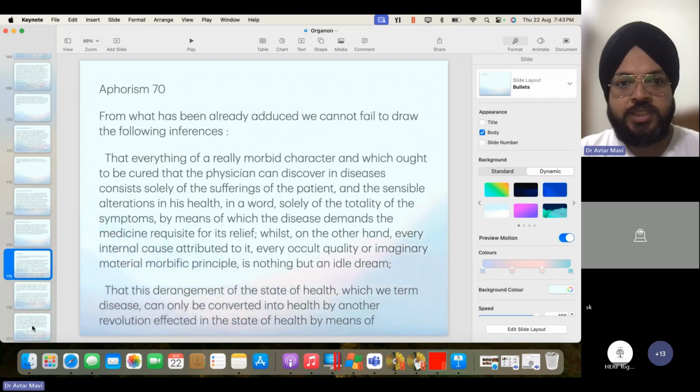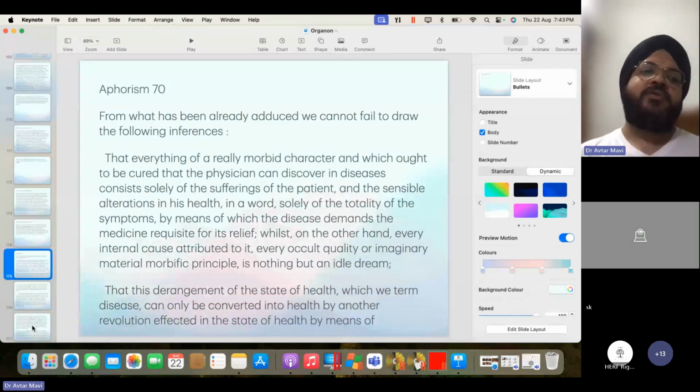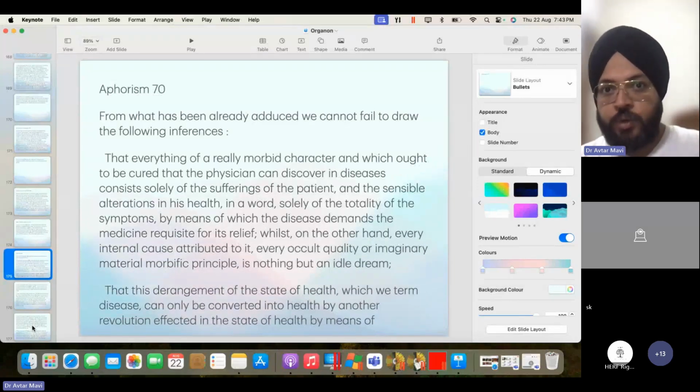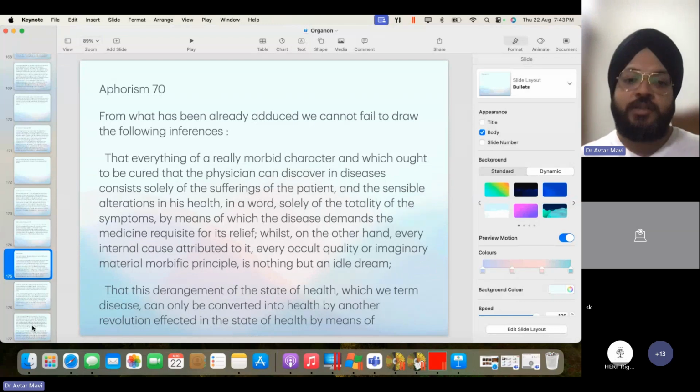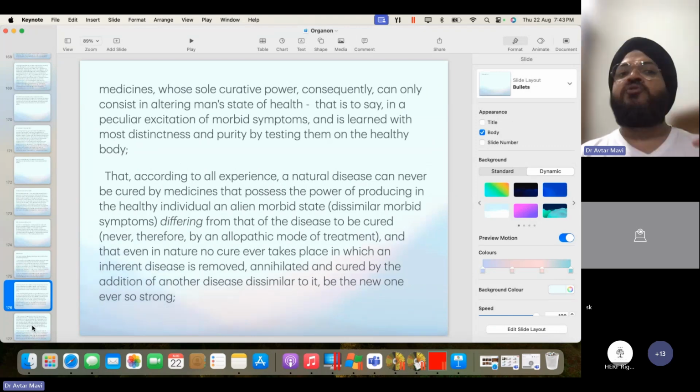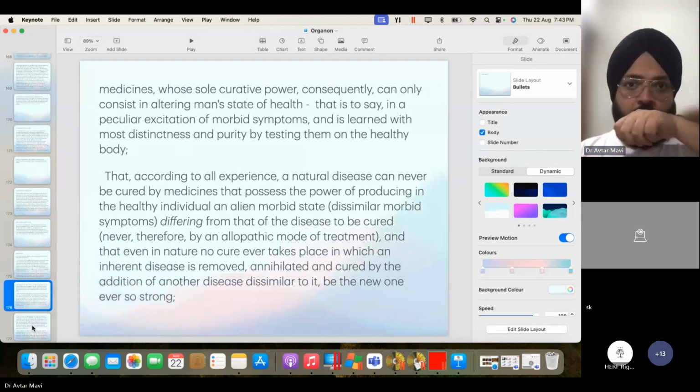So he's saying that all this derangement of health, all this disease state which is produced, can only be converted to health. If we want to get the patient back from sick to health, we have to produce another revolution in the organism by those kind of medicines which are proved on healthy human beings.